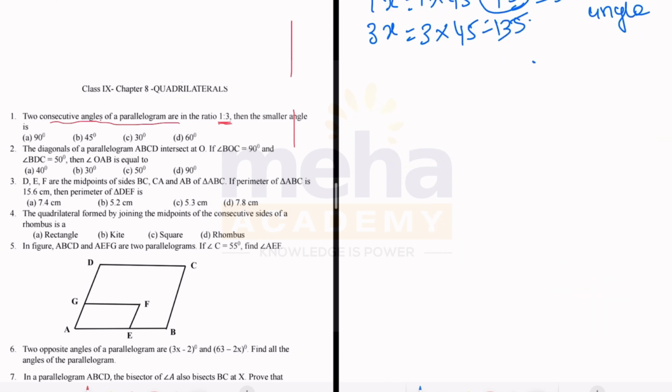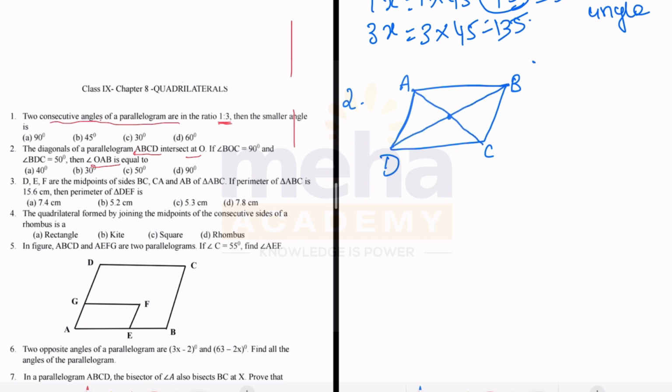The diagonals of a parallelogram ABCD intersect at O and find the angle OAB. So for the second question, let us draw the parallelogram first and name it. Say ABCD, the name is given in the question, and they say the diagonals, the two diagonals AC and BD, intersect at a point O. And they say angle BOC is 90.